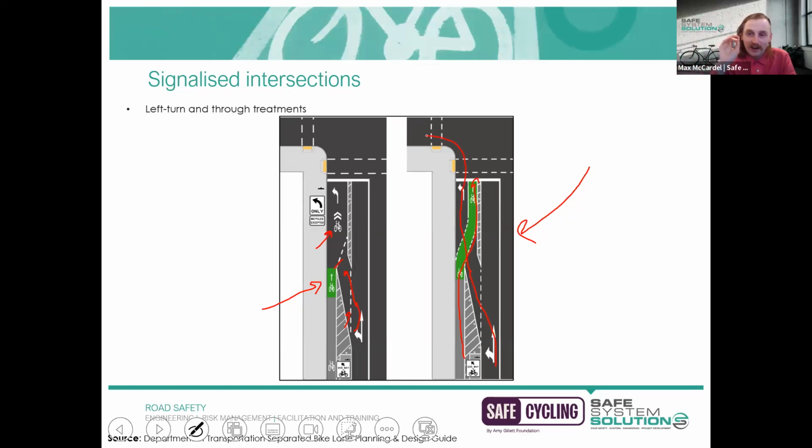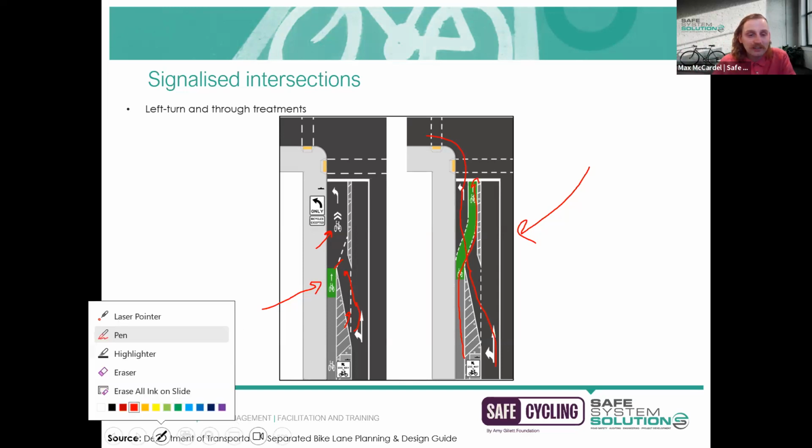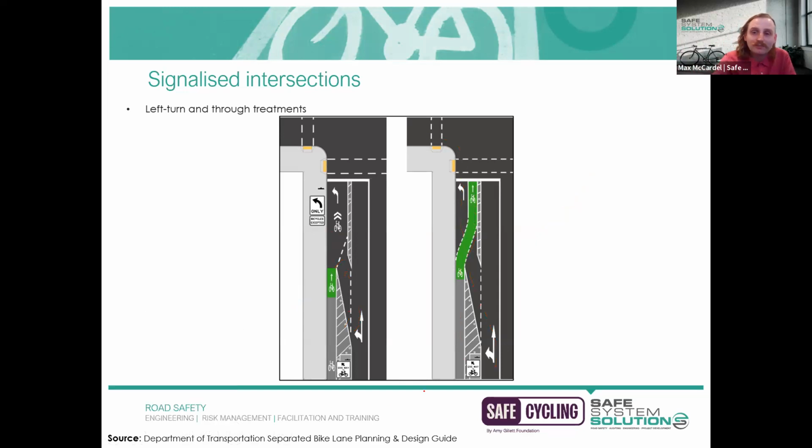Now, ideally, what you would want to see in either of these examples is some kind of speed cushion here, just a small one, just to help slow down vehicle speeds prior to the conflict points. So before they're crossing over the bicycle lane or the cycling facility, they are slowing down.